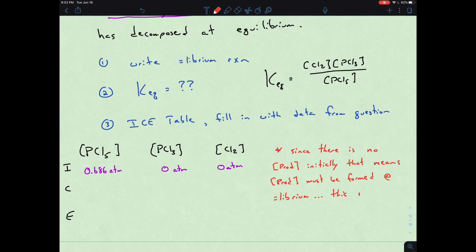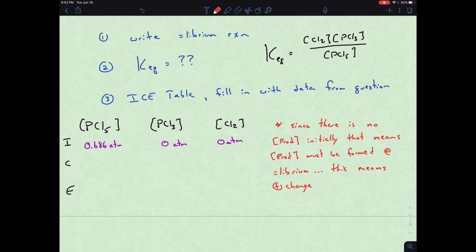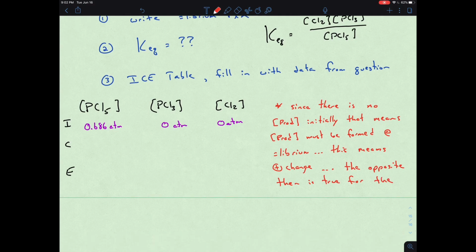This means positive change. The opposite then is true for the starting material. Must be negative change. So what does that mean?